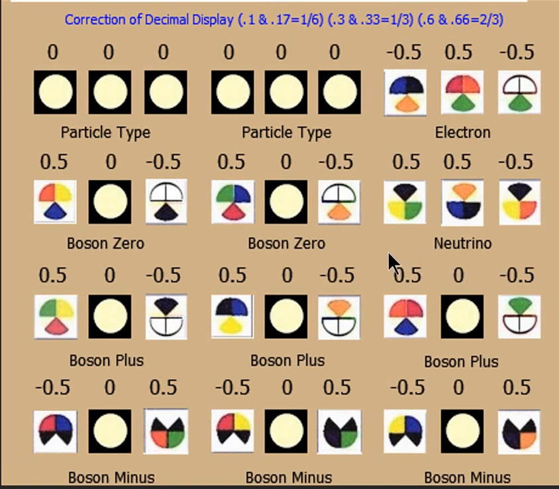For the neutrino, we have plus 1/2 on the two generic elements and a -1/2, giving us a plus 1/2 on the neutrino. For each of the bosons, we have plus and minus 1/2 on the elements, so they don't contribute anything to the spin quanta. So the spin quanta on the neutrino is plus 1/2, and for the electron is minus 1/2.